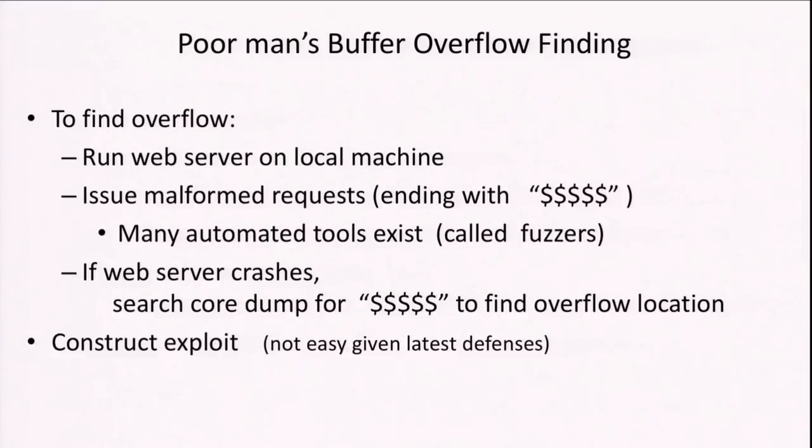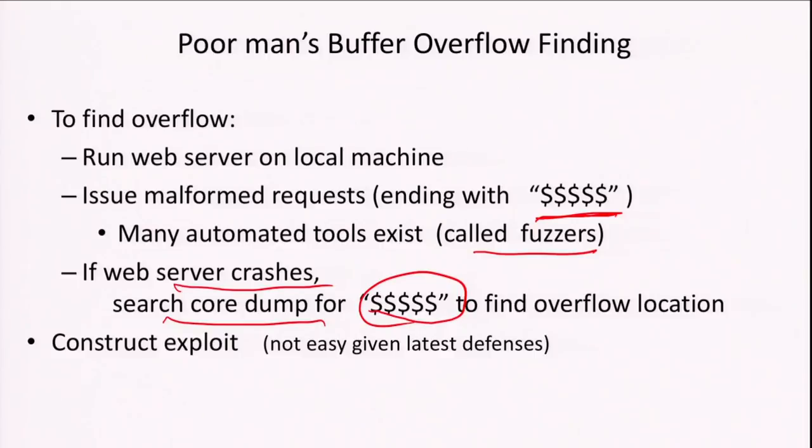You issue a web request with a malformed request, and put a marker at the end of this input. This is what is called fuzz testing. And there are tools that create malformed inputs for specific applications. If the web server crashes, then take the core dump, open it, and search for this marker. If there is a marker, then you have found the location of the overflow.